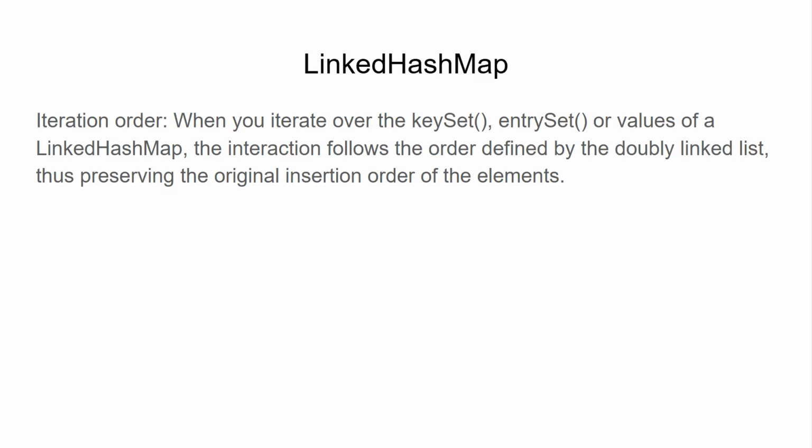The LinkedHashMap iteration order: when you iterate over the key set, entry set, or values of a LinkedHashMap, the iteration will follow the order defined in the doubly linked list, okay, preserving the original insertion order of the elements.